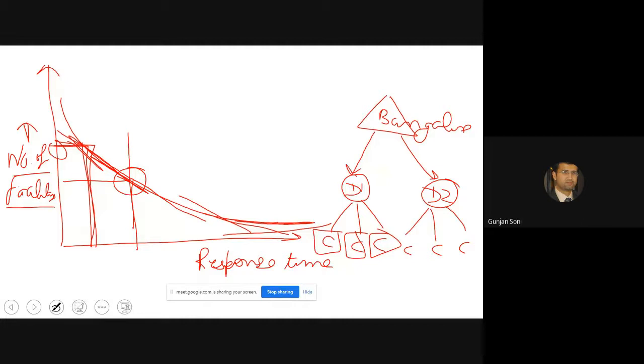Now my question to all of you is, can they have all kinds of books in every store? Is it possible to have every variety of book? Let's say store one is keeping 1000 titles. Is it possible for all the stores to keep those 1000 titles, all of them?